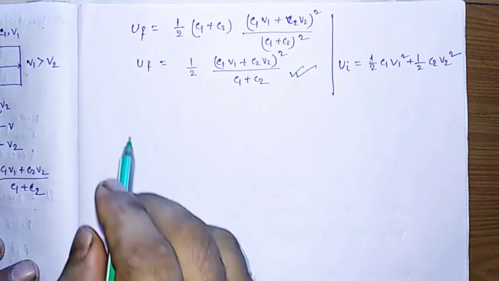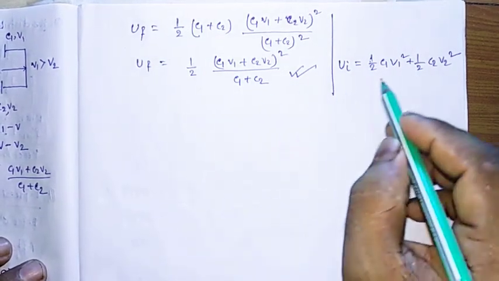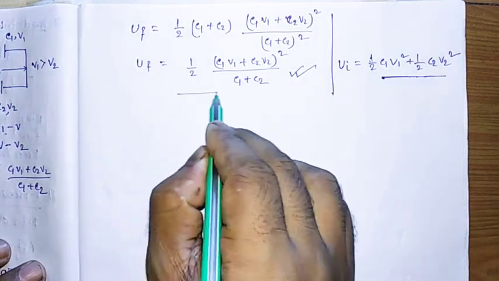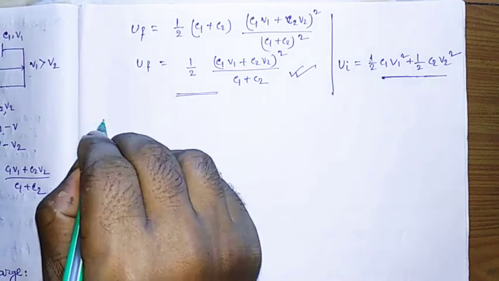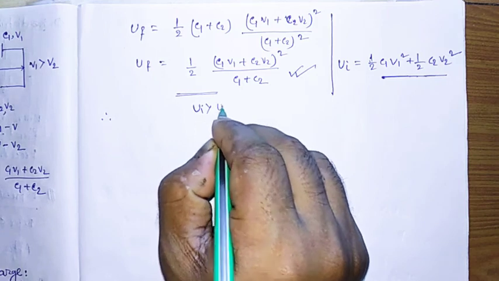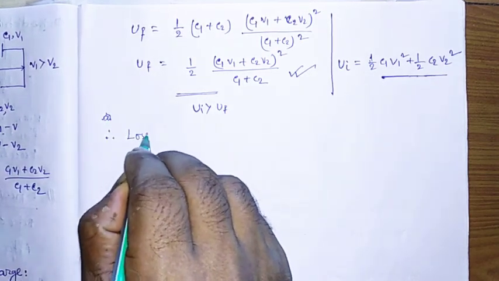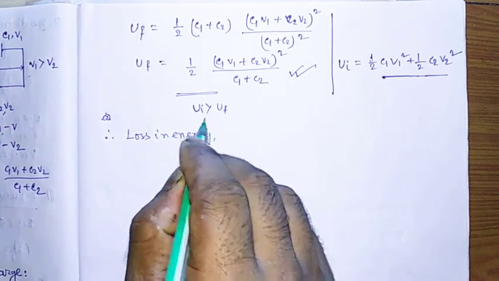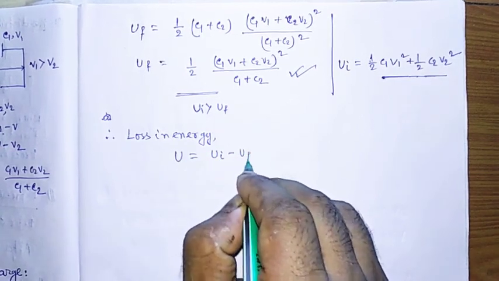Now the total energy before is more than that of the final, because here some energy is lost. So Ui is greater than Uf, therefore the loss in energy U is equal to Ui minus Uf.